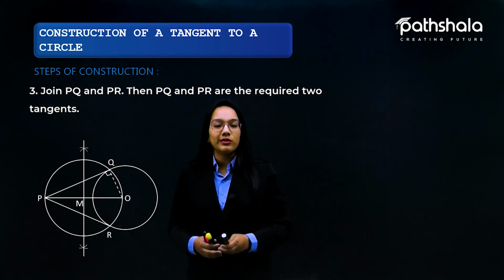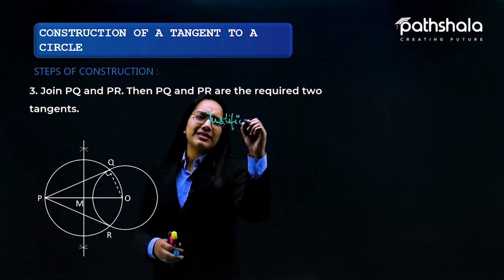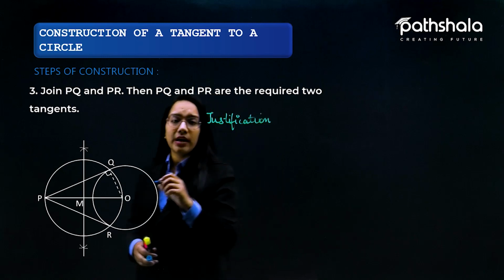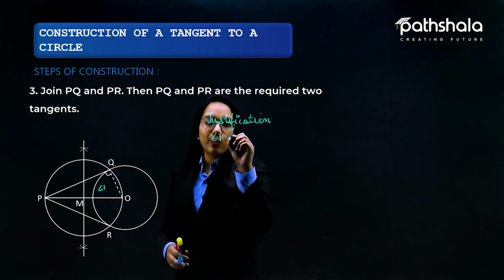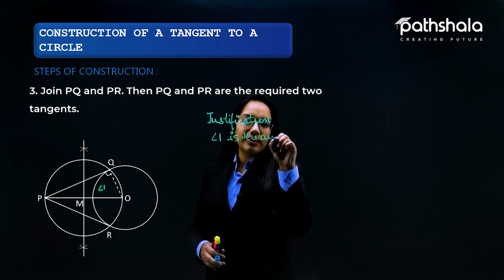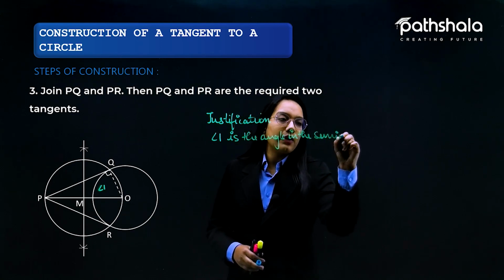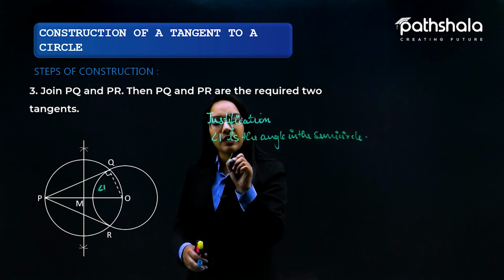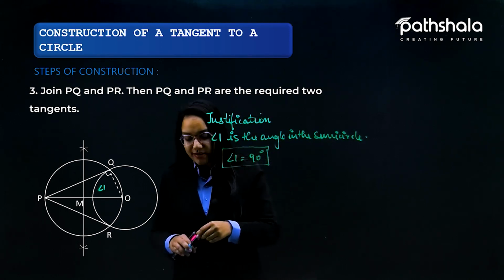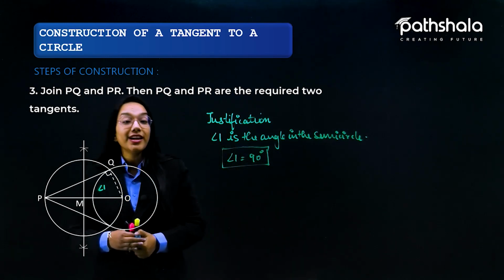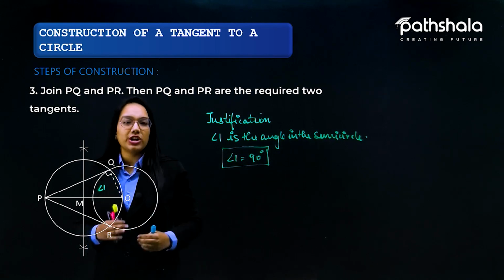To give the justification, I can say that since this angle, which I am calling angle 1, is the angle in the semicircle, it is equal to 90 degrees. We know that the measure of an angle in a semicircle is always 90 degrees.